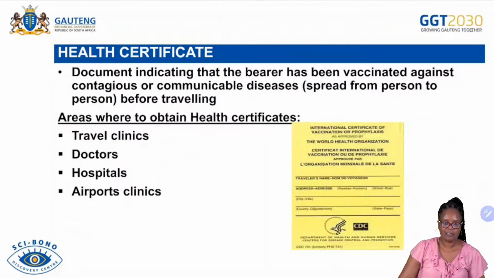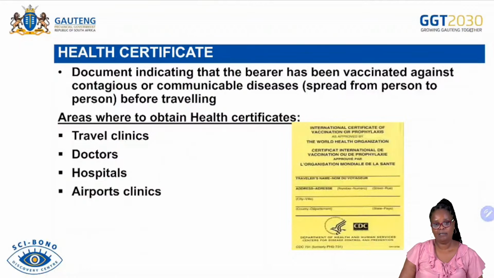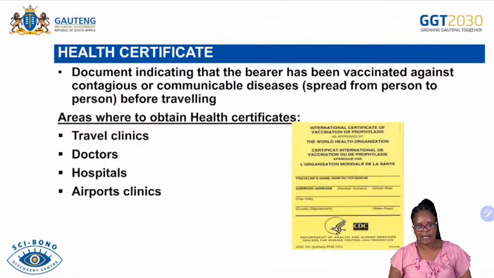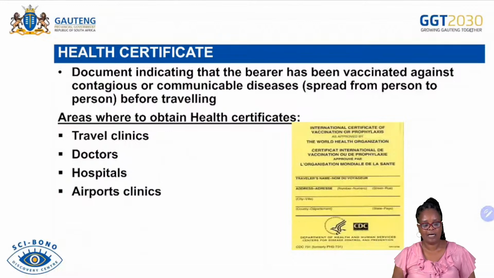You can get your health certificate from the travel clinic. You can get it from your doctor. Remember, we have our own personal doctors. You can go there and they know what to do. You'll get your health certificate clearance for you to travel to other countries.